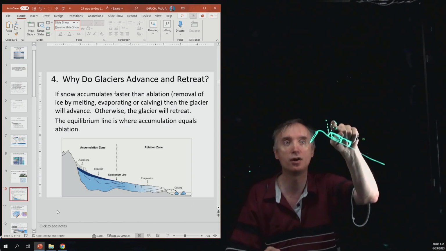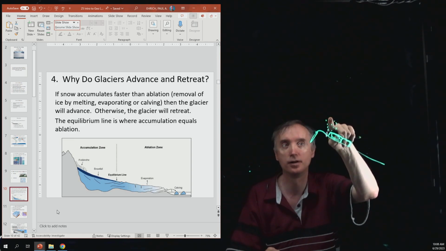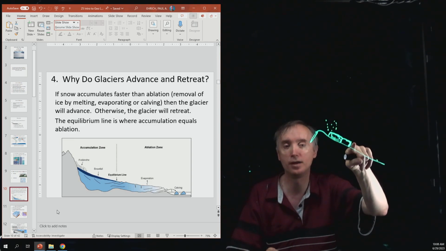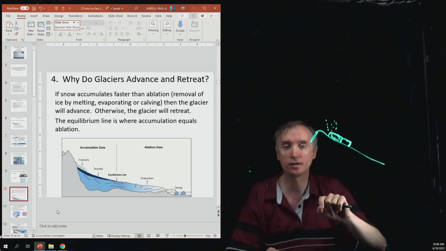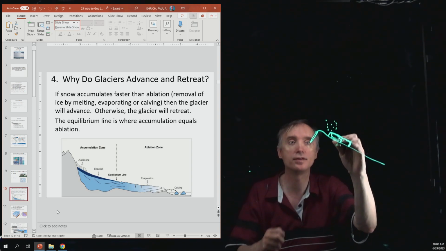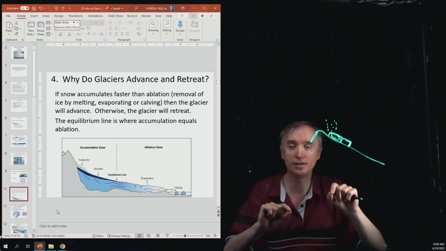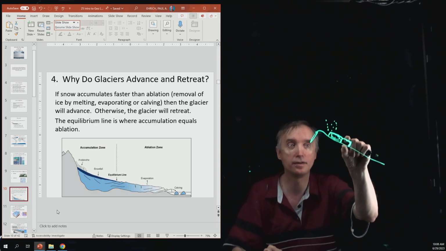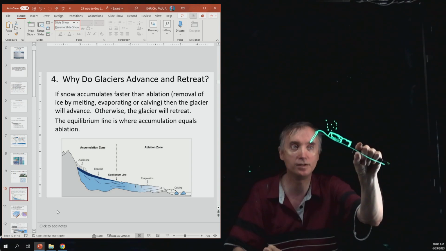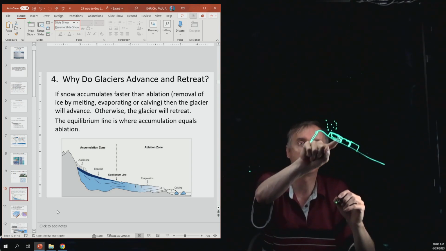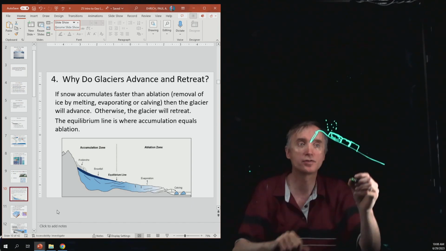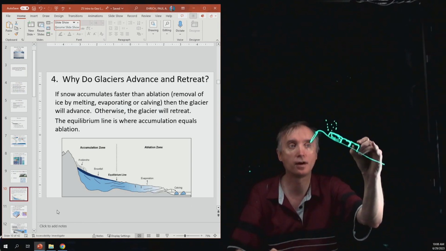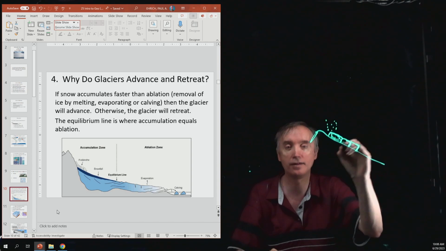So it all comes down to who's winning. So if it's snowing faster up here than it is melting or evaporating or calving right here, then what's going to happen is that this glacier is going to continue to grow. And then this part here will eventually be down here, and then new material is going to be up here. So we say that the front of the glacier has advanced.